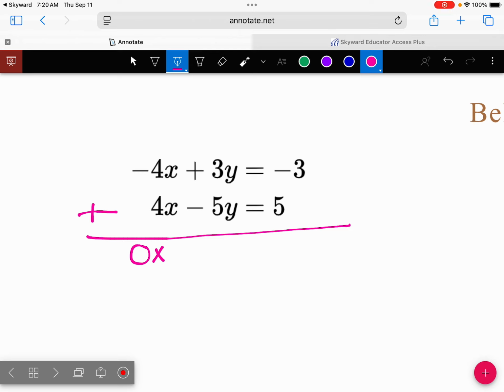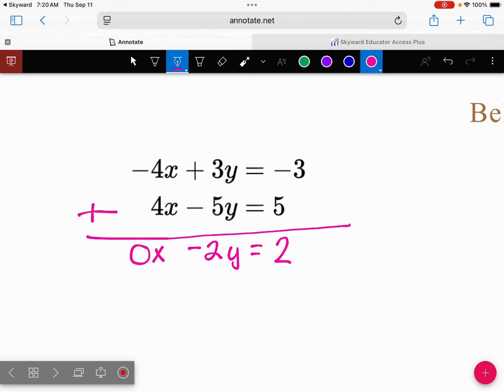Negative 2y. We're going to have our minus 2y. And then we have our minus 3 plus 5, yeah, positive 2. So when we add these together, we get 0x minus 2y equals 2.